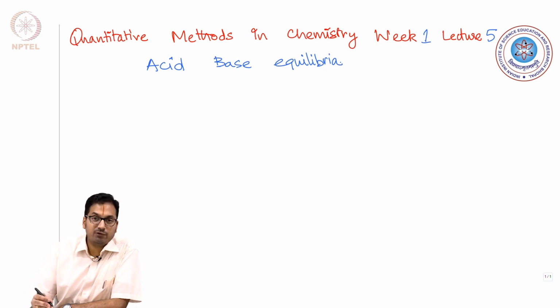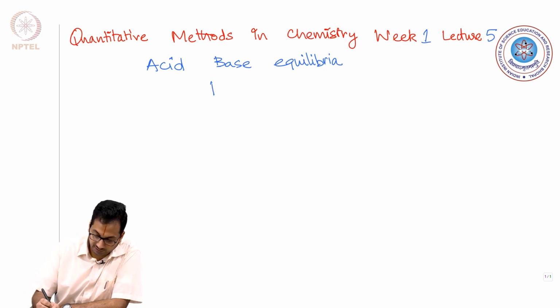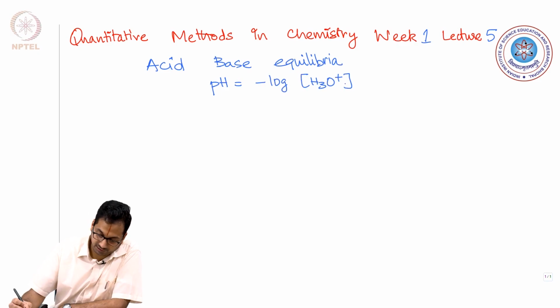We had already defined a few parameters. Let me redefine them so that we get the class started. We defined pH as minus a logarithm of the concentration of H3O+ ions, and this is for strong acids.